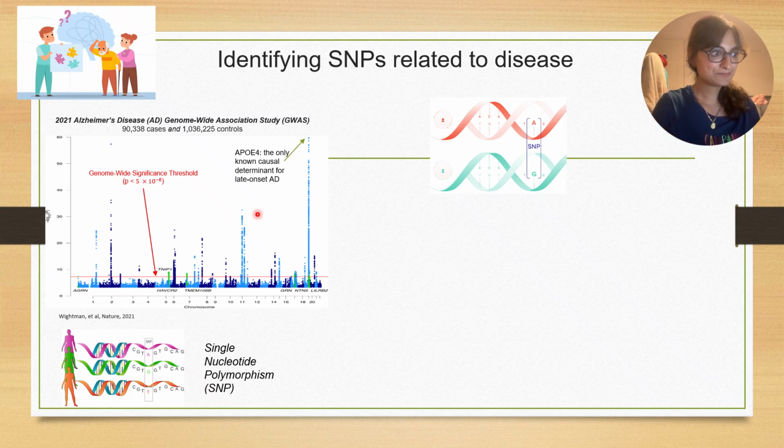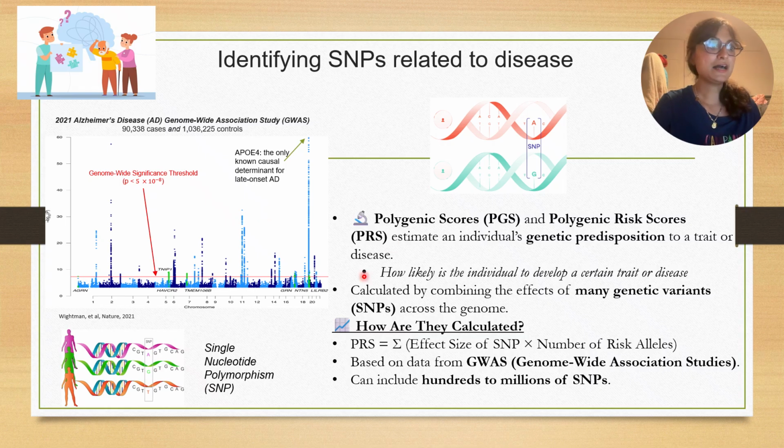But in general, polygenic scores and polygenic risk scores, PRSs, estimate an individual's genetic predisposition to a trait. That's what polygenic scores do, or a disease. So polygenic risk scores are polygenic scores that are focused on diseases. Because the trait can be something positive like intelligence, that could be a polygenic score.